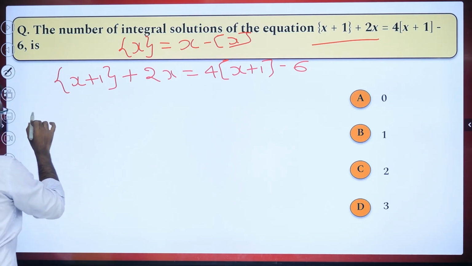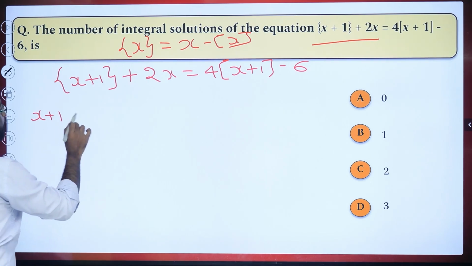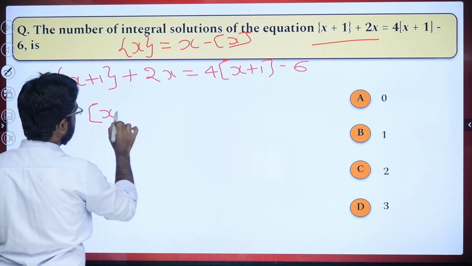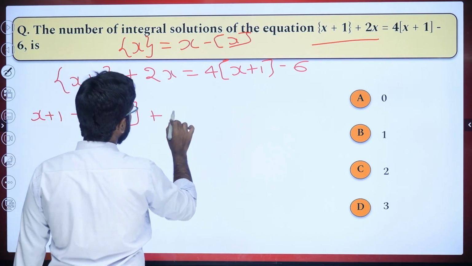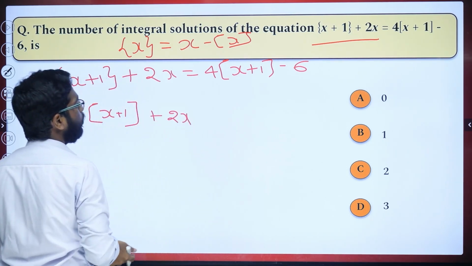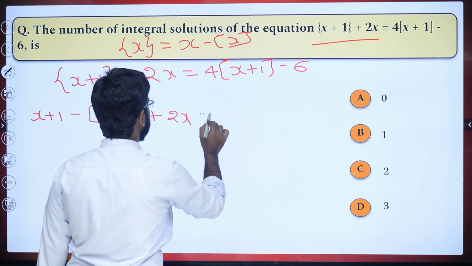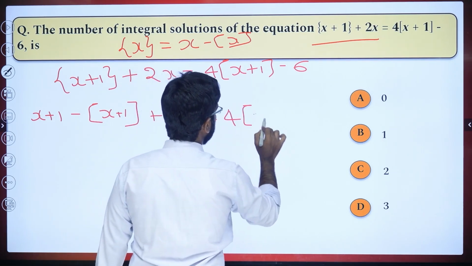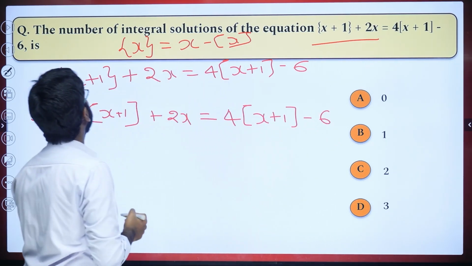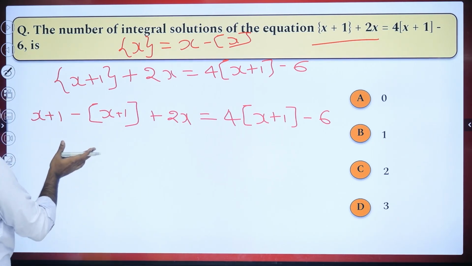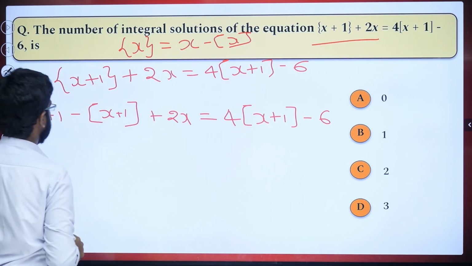So x plus 1 minus the greatest integer of x plus 1 plus 2x. Now let me keep this side itself, for x plus 1 minus 6. So now my dear students, let's solve this side.